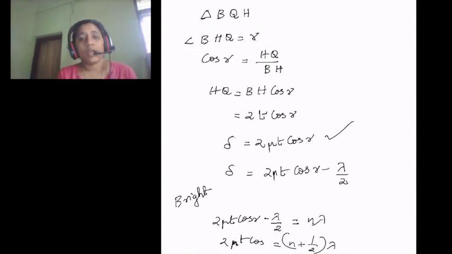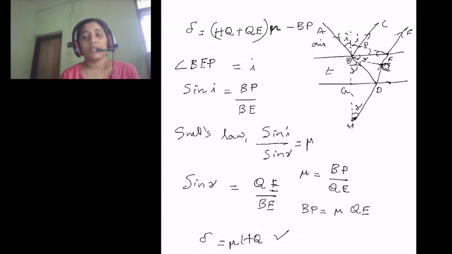Now we have to calculate the value for HQ. For that we have to consider the triangle BQH. You can see the triangle there, BQH. While considering this triangle, we are taking that BHQ angle as r, because we have already said that BGD and GHD triangles are congruent. That BHD value is actually r.